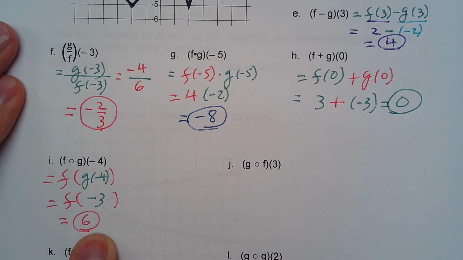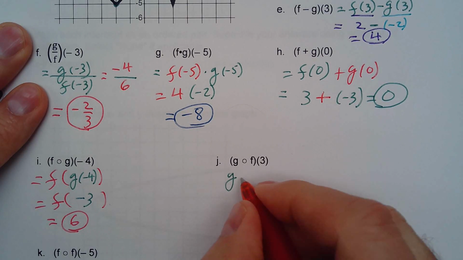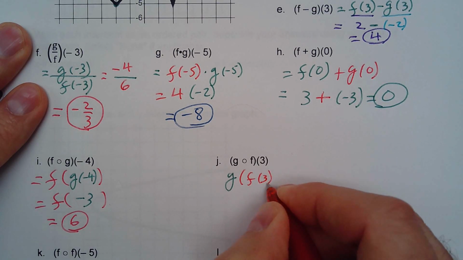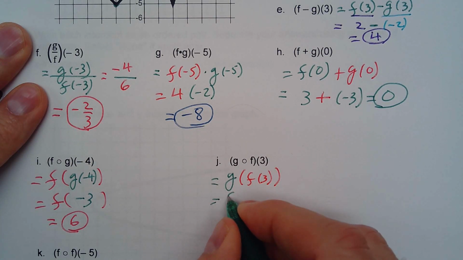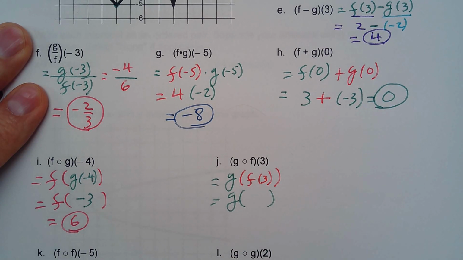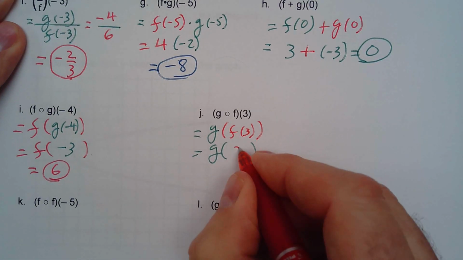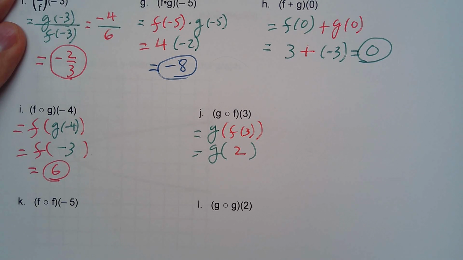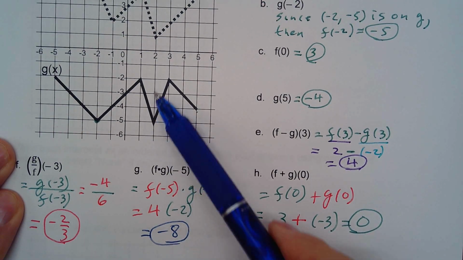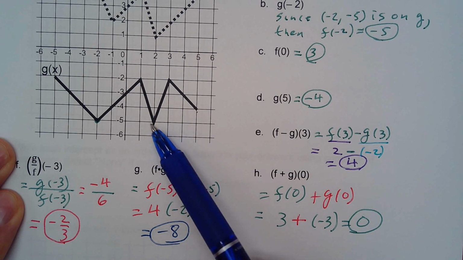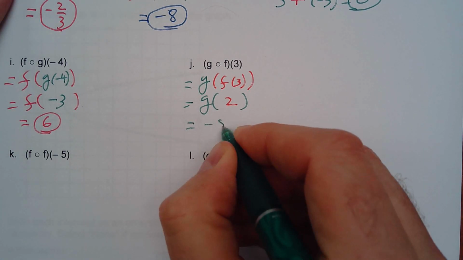So we'll write down 6. Here we're going to do g, that's on the outside, f of 3. So I'm going to first do f of 3. So go back to my graph. F of 3 here is 2. And now I'm going to be doing g of 2. And looking at g of 2, that's a negative 5. So we get negative 5 as an answer.